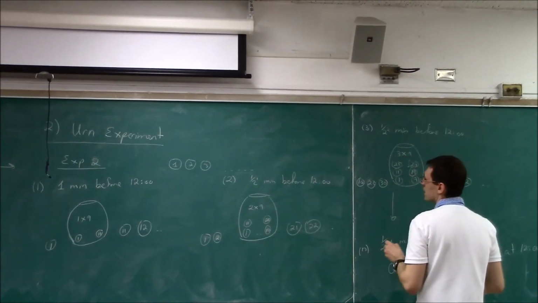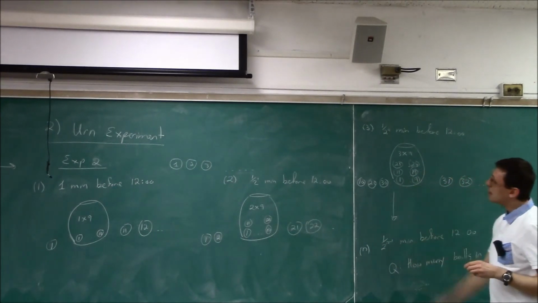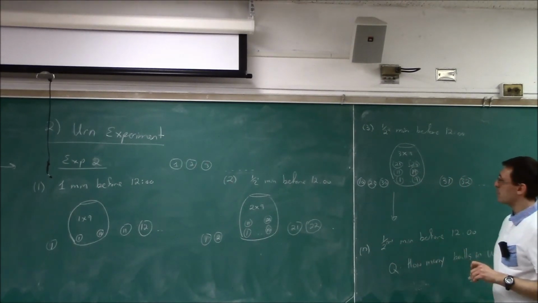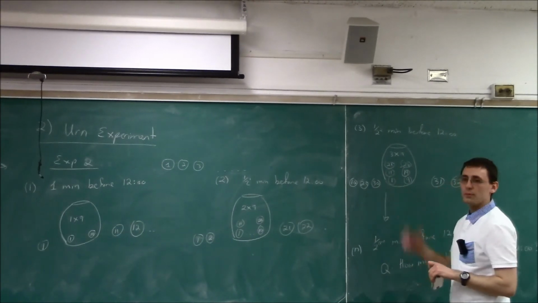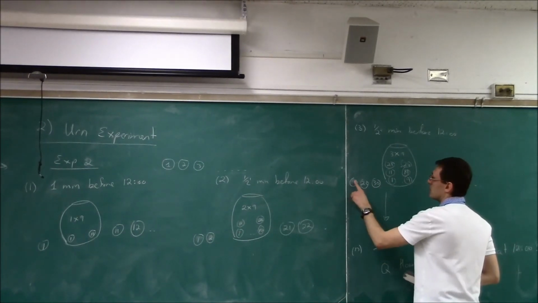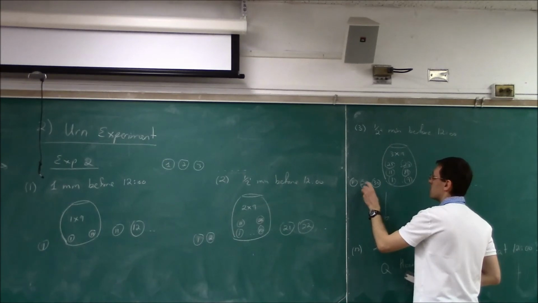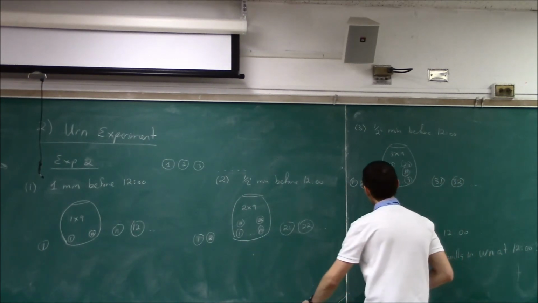In the third procedure, what do you do? You place in the next batch of 10, dig in, and remove ball number 3. So what is out is 1, 2, and 3.